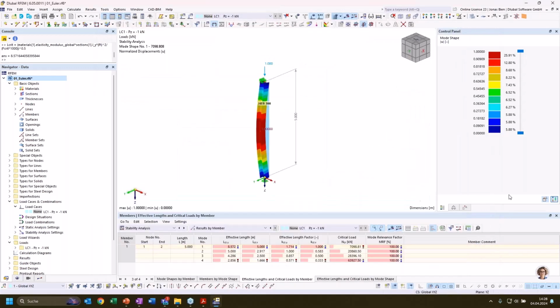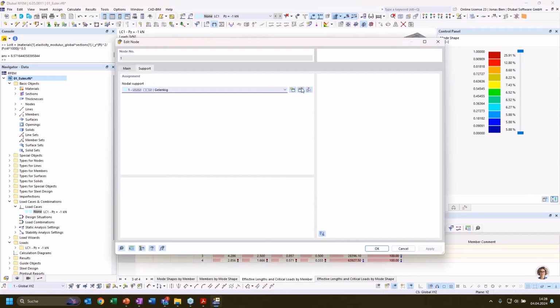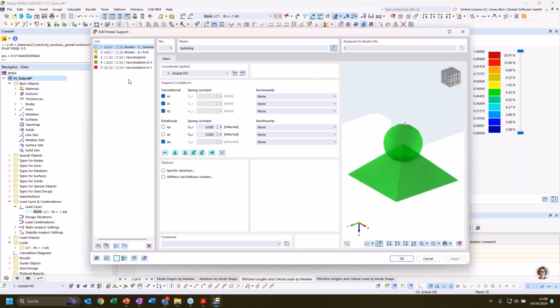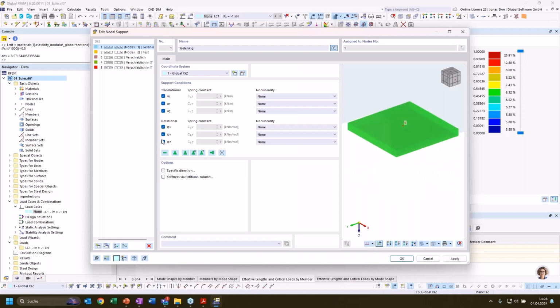All right, but that's not what I want to focus on now. I want to show you instead how the buckling length coefficients change or adapt when I adjust the statical system.